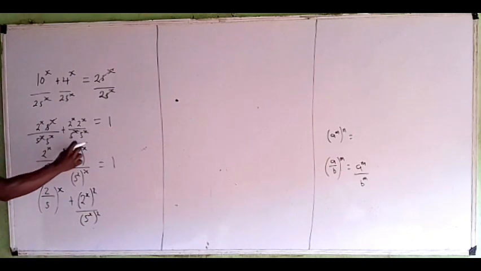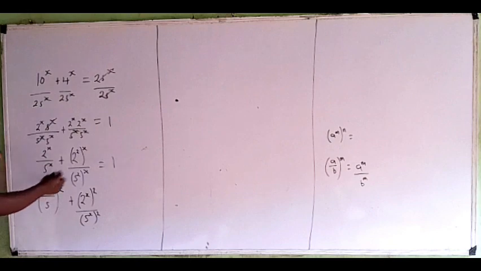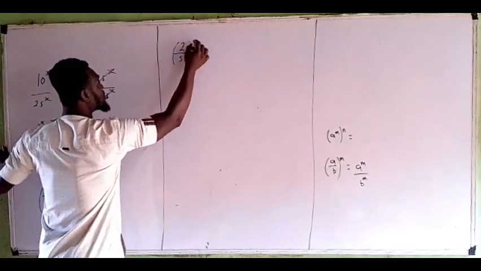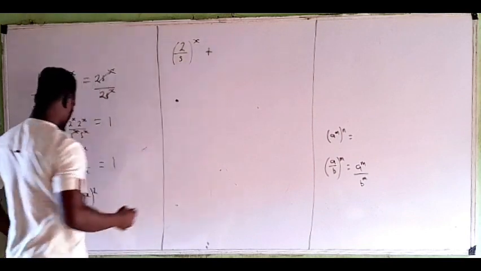Because this is multiplication and multiplication is commutative, I need it in this form. That's why I'm doing what I'm doing. So this place remains 2 over 5 raised to power x plus.